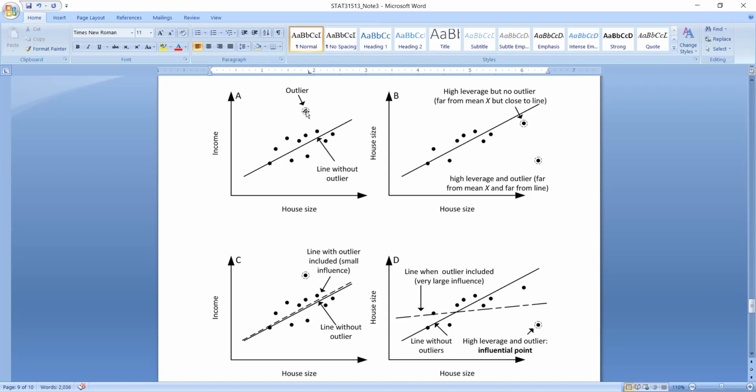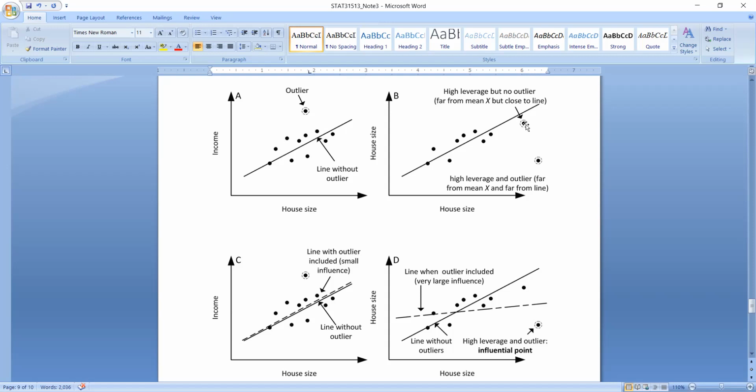In this case, if you check the leverage value, it may be a very high value. And the first one is an outlier because if you take the distance between the fitted regression line and this observation, there is a big distance. But here there is a very small distance between this and the fitted regression line.